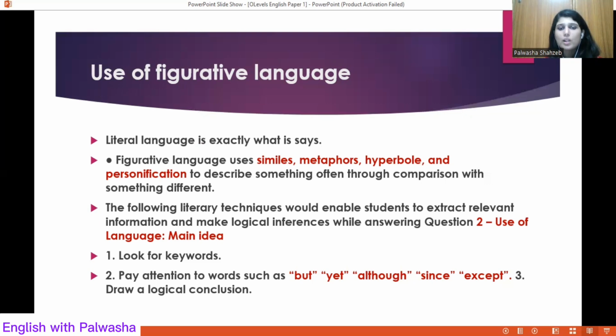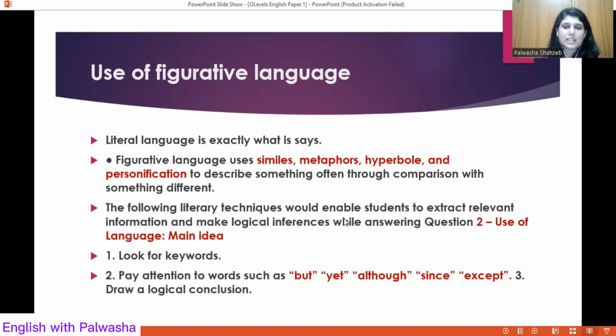Figurative language uses similes, metaphors, hyperbole, and personification to describe something, often through comparison with something different. So when we are embedding personification, to personify things means giving human attributes to animals and things. If you are creating such kind of answer, then definitely you are going to ace the exam. Nobody can stop you acing the exam.